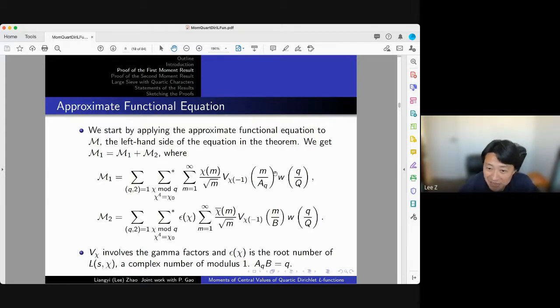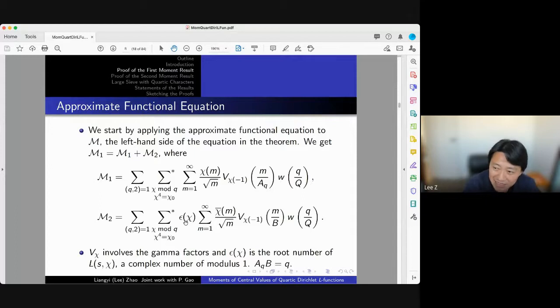And this W are those weights which you have from before. This epsilon chi is what's called the root number of L(s, chi). I'll talk more about this later, time permitting. But right now, you can just think of this as some complex number of modulus 1. Later, we'll see that we'll have more information on this epsilon chi.